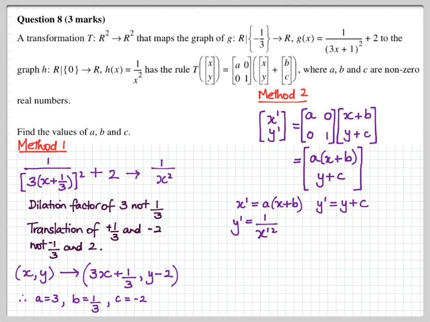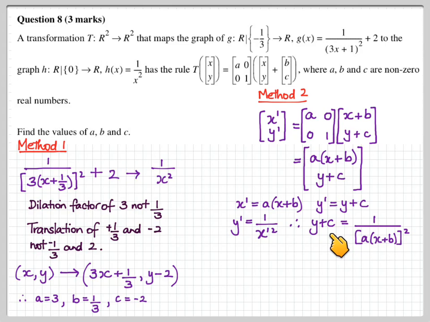Now I am transforming from this expression up here to 1 over x squared. So what I would substitute into my transformed expression is my expressions for x and y. So I'll put my new value, my transformed y was really y plus c.